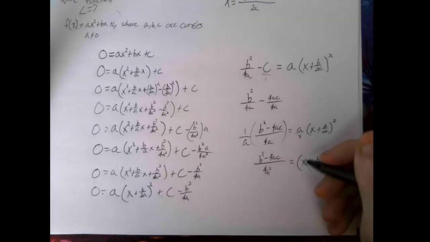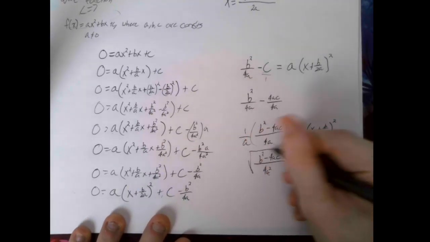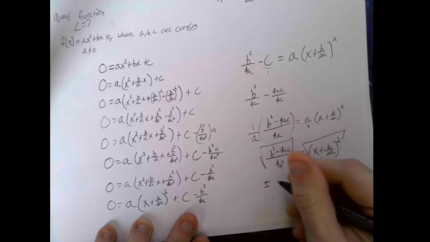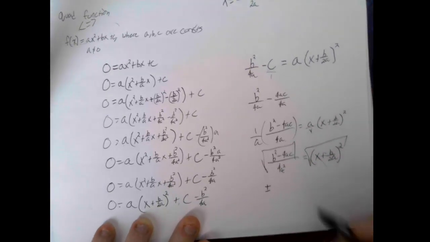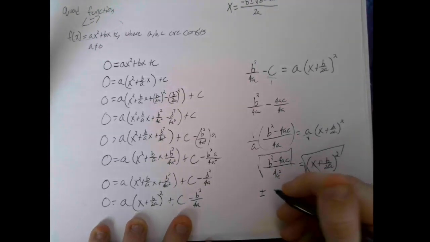So we're going to square root both sides. Square root this side, square root this side, and from that we get plus and minus, because you can square a negative number to get a positive number, and you can square a positive number to get a positive number. So it could be either plus or minus.